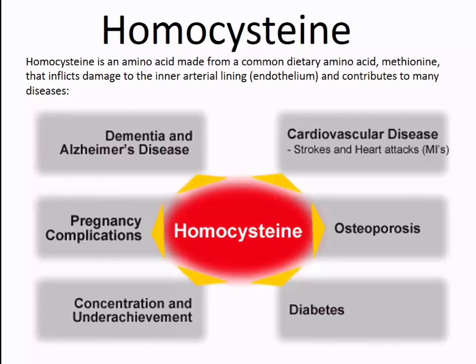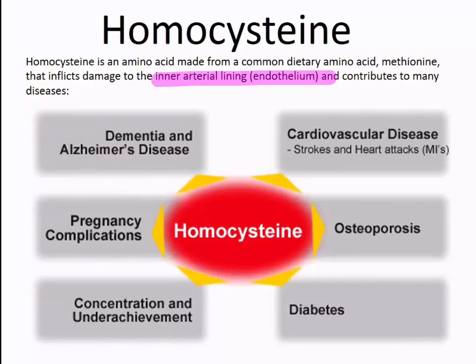So let's just go over what is homocysteine. Basically, homocysteine is really just an amino acid. That's pretty much the whole gist of it. And one of the things I want to bring your attention to is if you have high homocysteine, it can actually damage the interior endothelial lining.